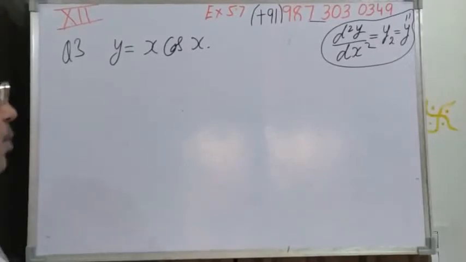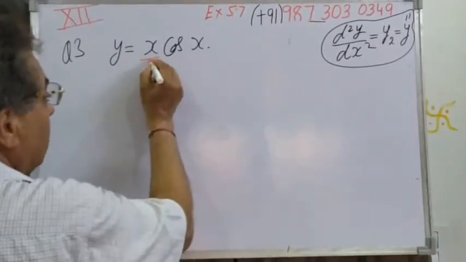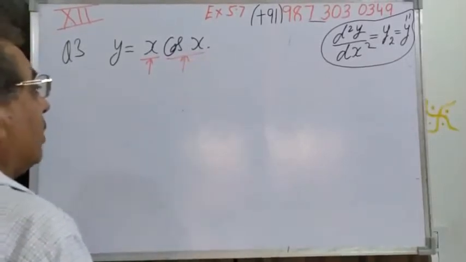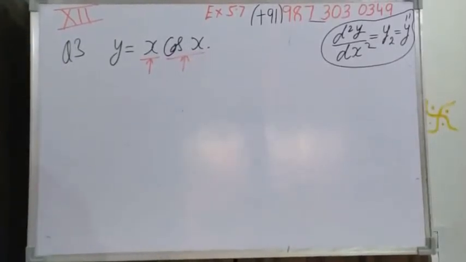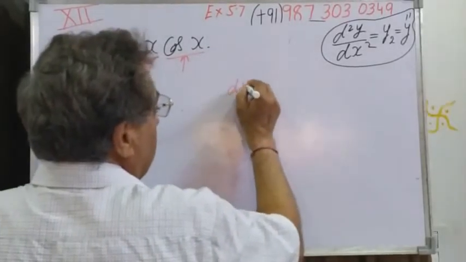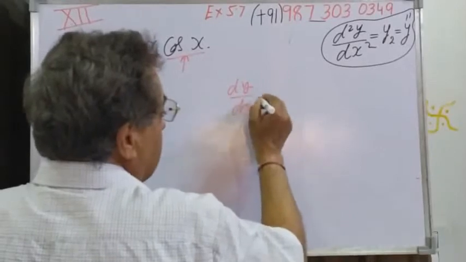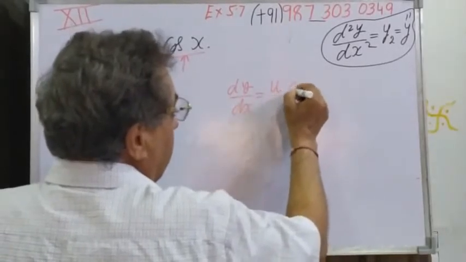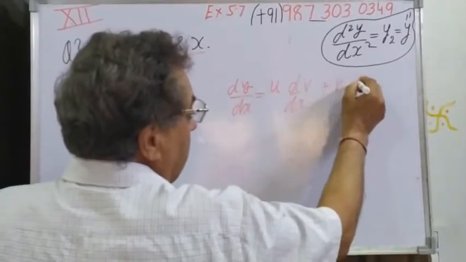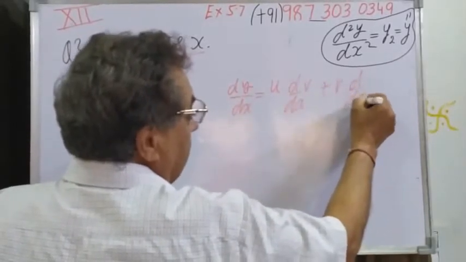One of them is algebraic and another is a trigonometric function. So the product rule we will be using. You might recall, what is the product rule? If y is equal to u into v, then dy upon dx is equal to u into d/dx of v plus v into d/dx of u.